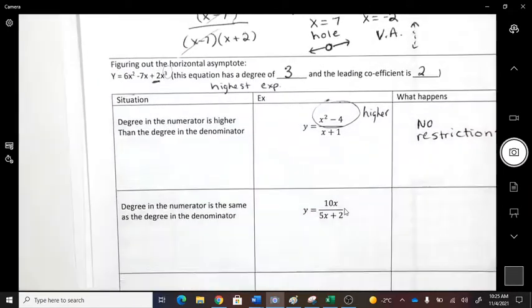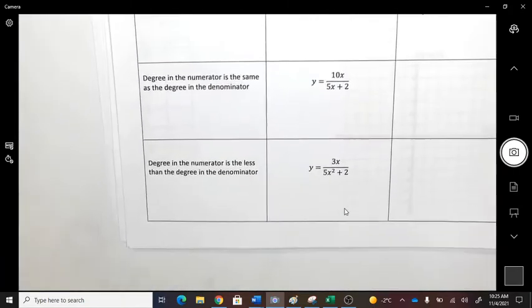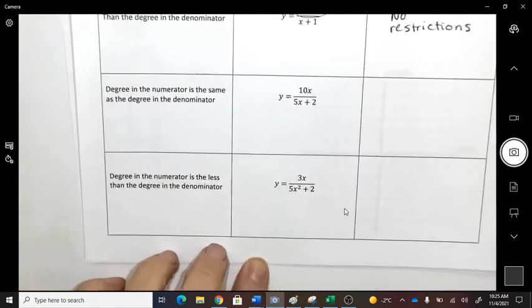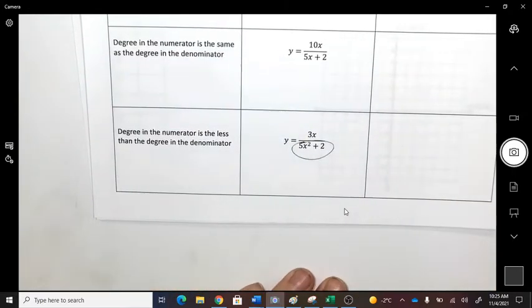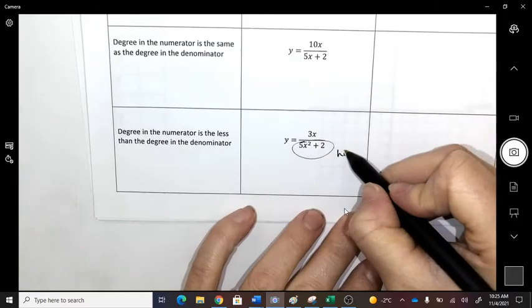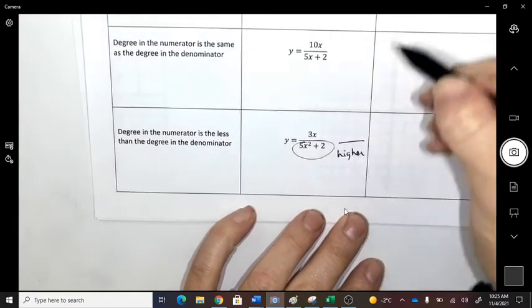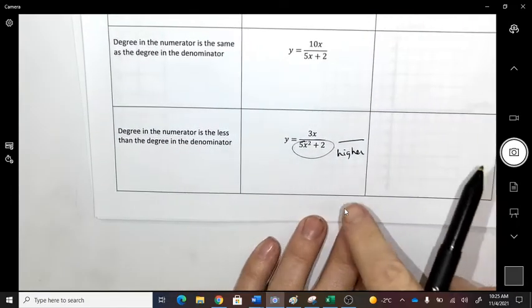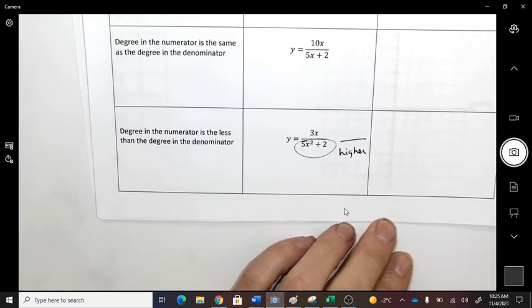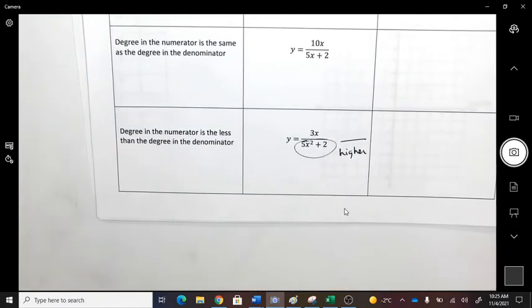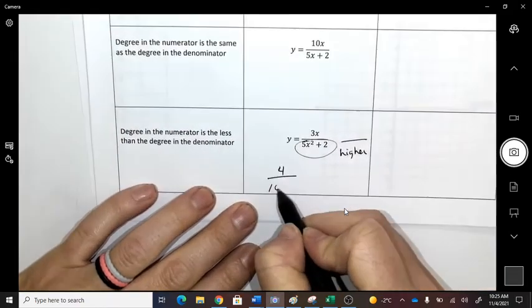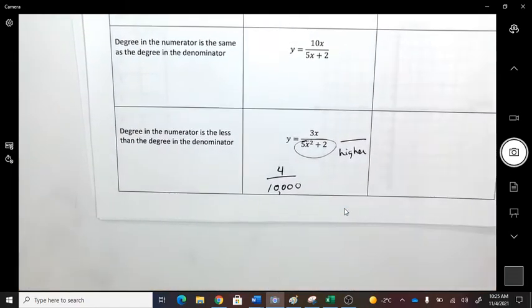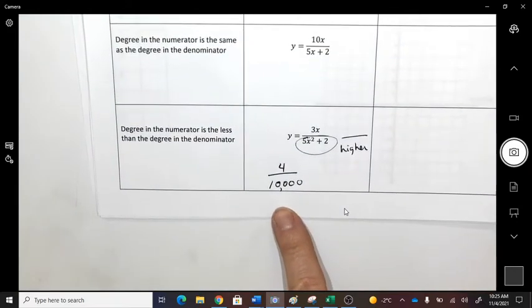Okay, I'm going to jump to the third one there and then back to the middle. This time, your degrees are bigger. You have a higher degree on the bottom. What happens in math if your number on the bottom gets bigger? So for instance, if the bottom is bigger, what is that getting closer to?